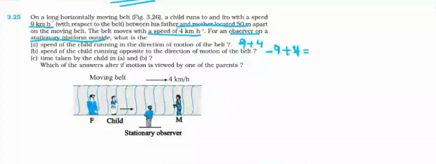Minus 9 plus 4, you will get minus 5 kilometer per hour. So what is the meaning? Minus 5 kilometer per hour means the observer will feel that the child is going backwards with 5 kilometer per hour, in the sense opposite to the direction of motion of the belt.